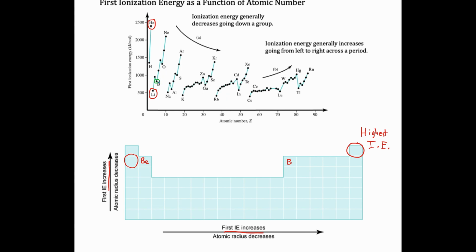So boron is here having a first ionization energy of around 800 kilojoules per mole. But between lithium and boron is beryllium. And that is actually this point on the diagram. So beryllium has a higher first ionization energy than boron. Beryllium could be 900 something.